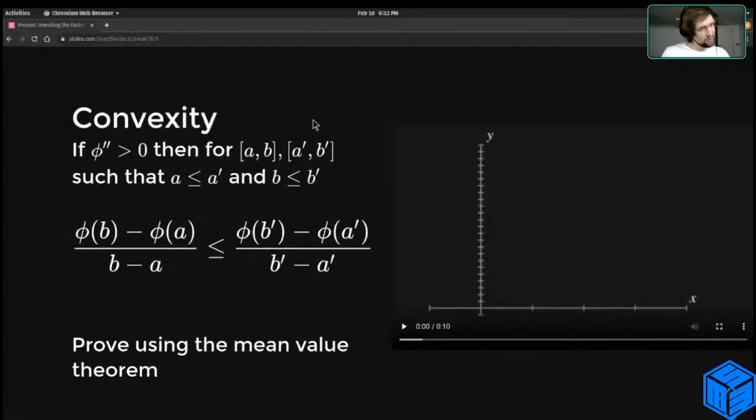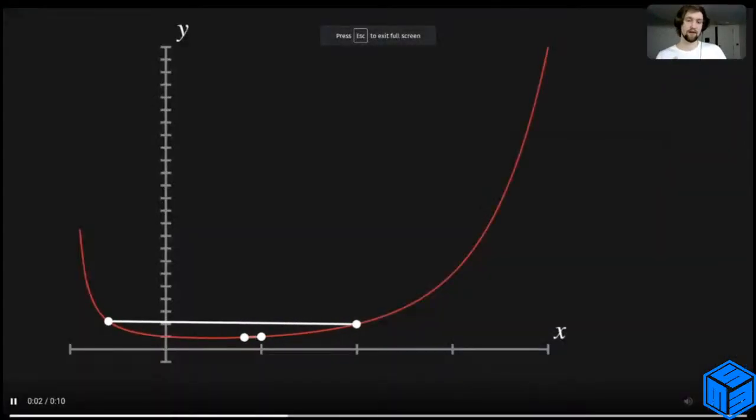And so here, I just need to chat with you very quickly about convexity. We have this relationship between difference quotients of concave up functions, which we'll be making heavy use of. And here I have a small animation of that.